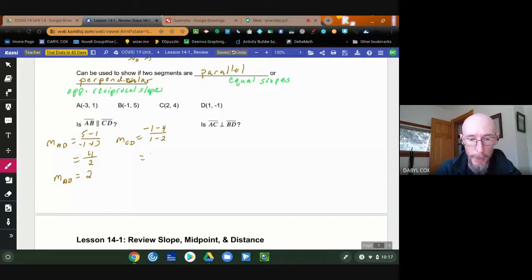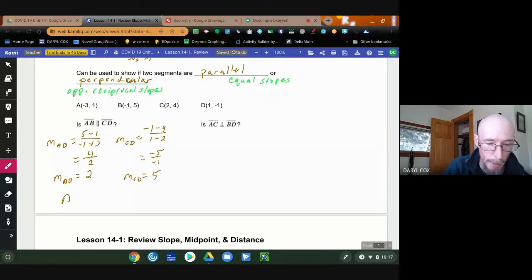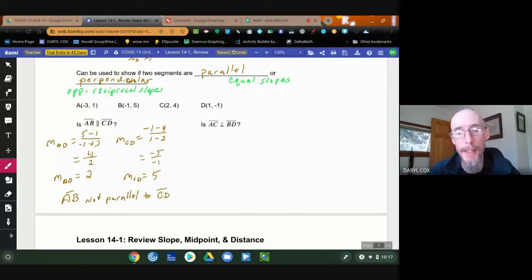So -1 minus 4 is -5 over -1, which is a +5. So the slope of CD is 5. Are these lines parallel? No. AB is not parallel to CD because they don't have the same slopes.